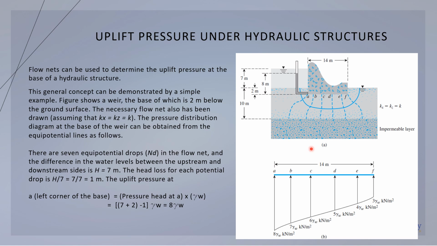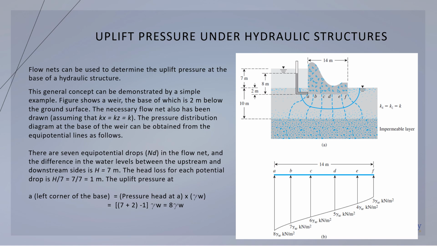So the pressure distribution diagram at the base of the weir can be obtained from the equipotential lines. So you have equipotential line A, equipotential line B, equipotential line C, D, E, and F. So there are 7 equipotential drops, which is the number of squares.